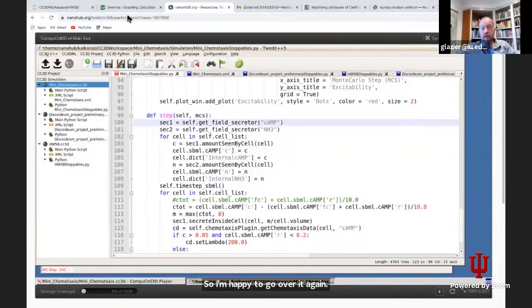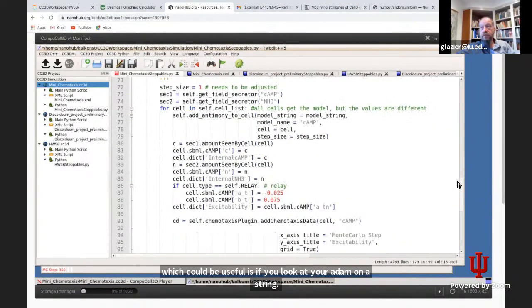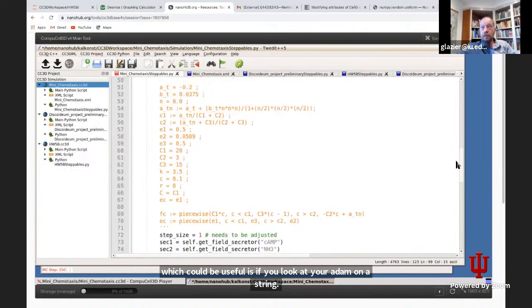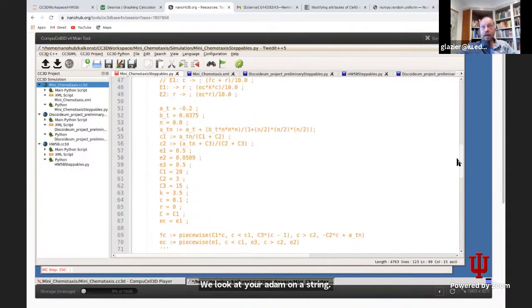The other thing that you have access to, I believe, which could be useful, is if you look at your antimony string, if you gave the equation a name, cell.sbml.model square bracket E1 will return the rate.